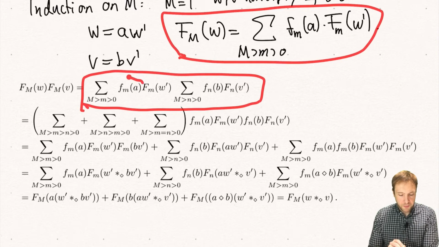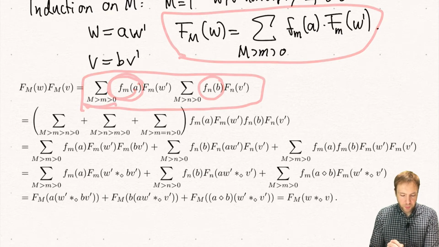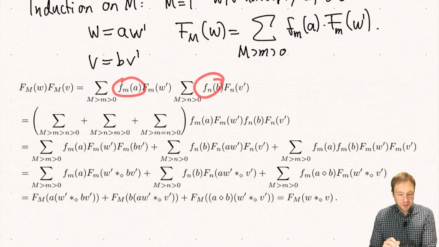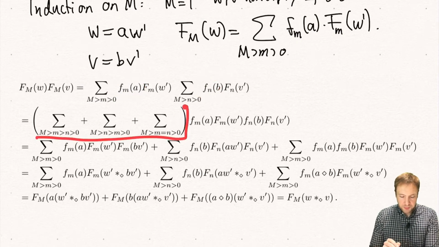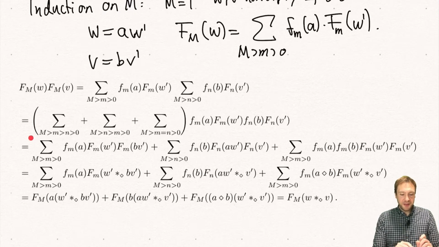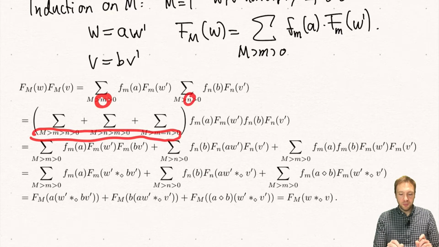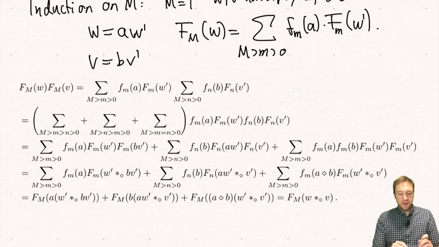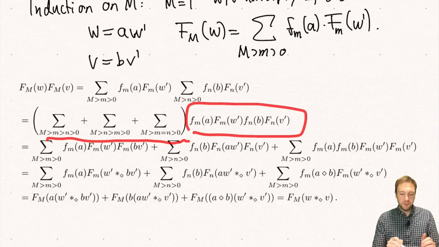So for both of them we can just make this sum where we put this first letter here in front. And now we play this usual game, which we did several times for this Schaffer product, by taking the product of these sums and then considering all different cases: this small m here could be larger than this n, this could be larger than this m, and they could be the same. So these three cases we have here of this product.